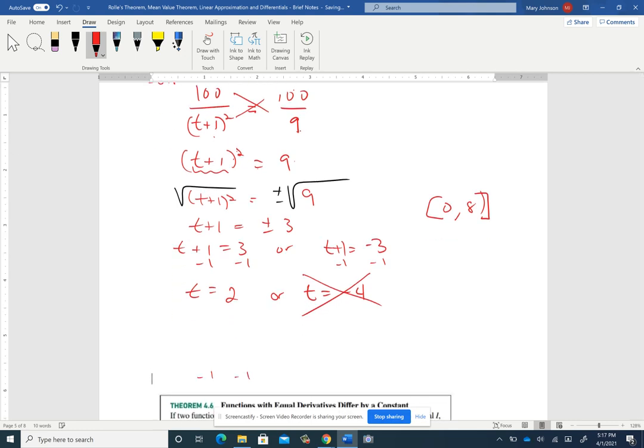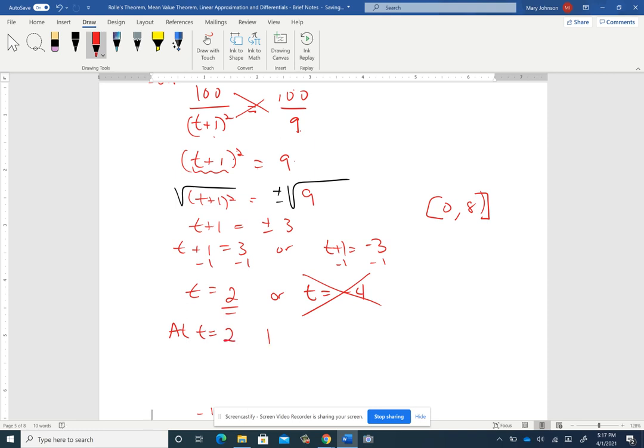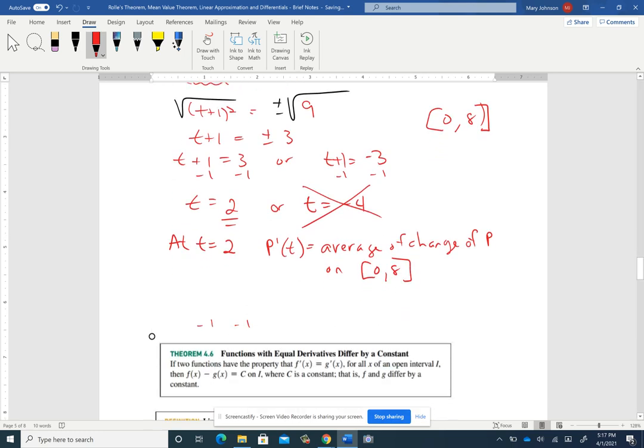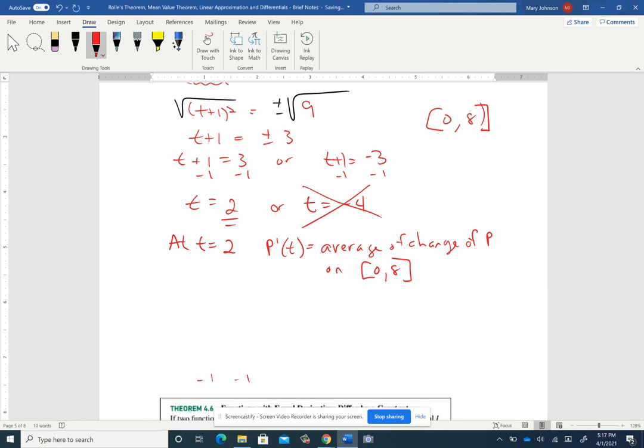So what we're going to do is say, okay, at t equals 2, P prime of t equals the average rate of change of p on the interval from 0 to 8. Okay. So you found a place where the slope of the tangent line would equal the slope of the line passing through the point at 0 and the point at 8.